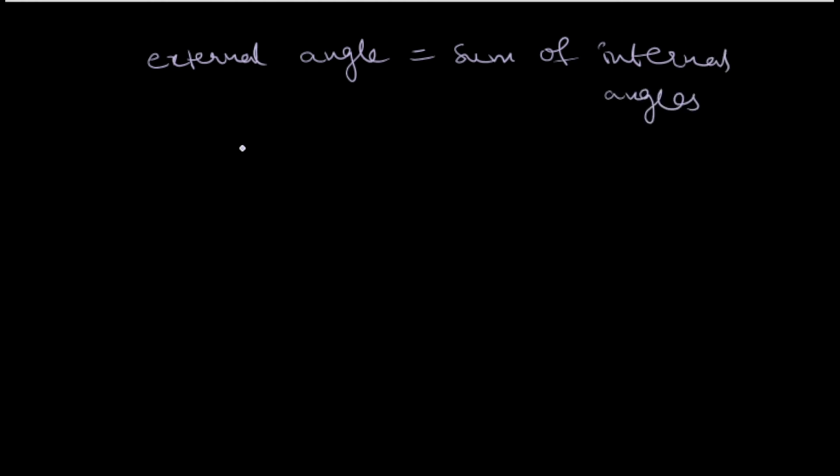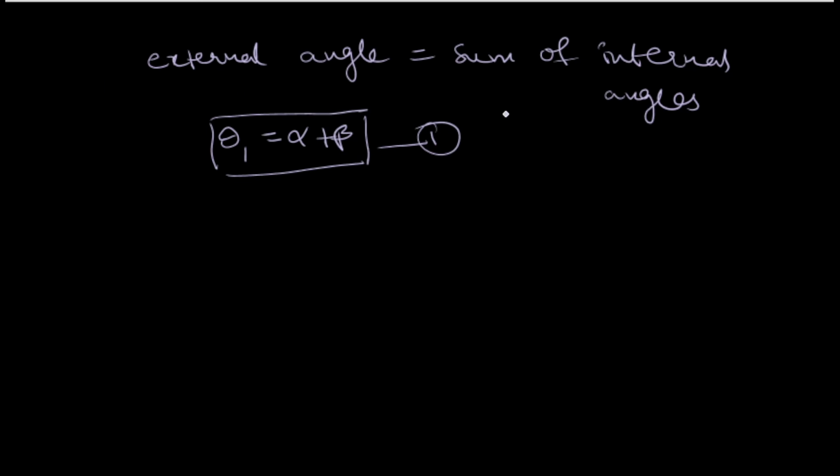We have theta 1 as the external angle. This will be equal to the sum of internal angles, alpha plus beta. I am taking this as the first equation. Put a box around this. This is equation number 1.